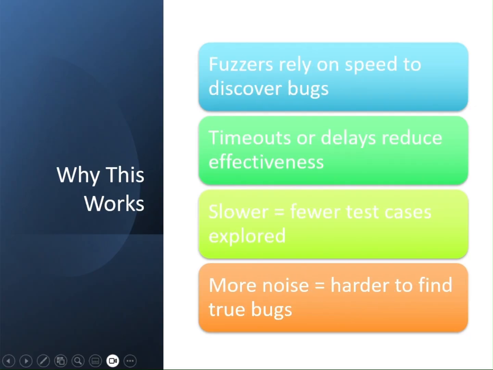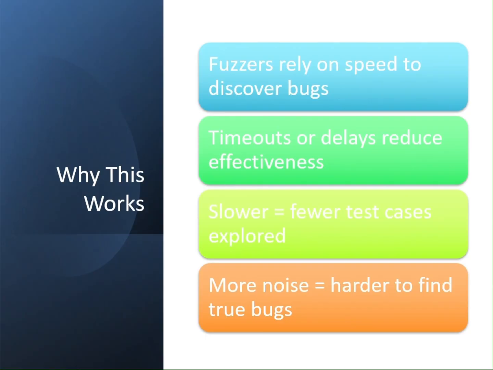Now, why does this work? Why does such a simple change have a big impact, right? Because fuzzers like AFL++ are greedy and time sensitive. They thrive on being able to test thousands of inputs quickly. If an input takes too long to process, the fuzzer treats it as a hindrance.